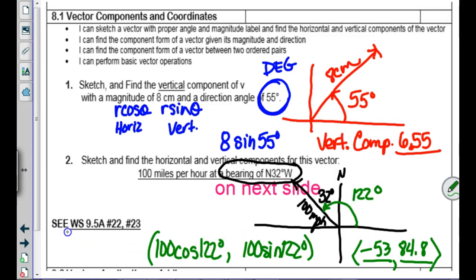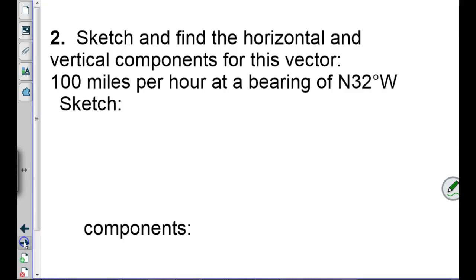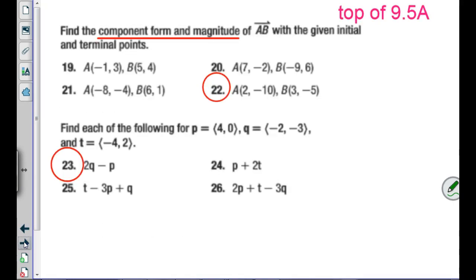It says we should go to worksheet 9.5 and look at 22 and 23. 9.5a. You're given the ordered pairs.